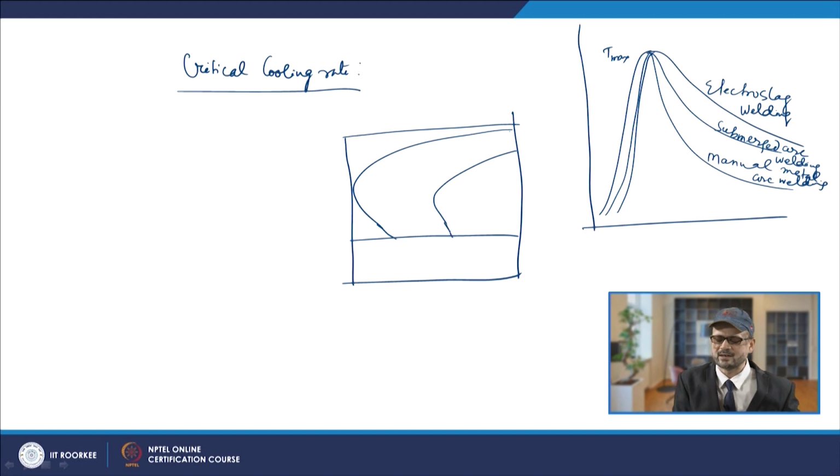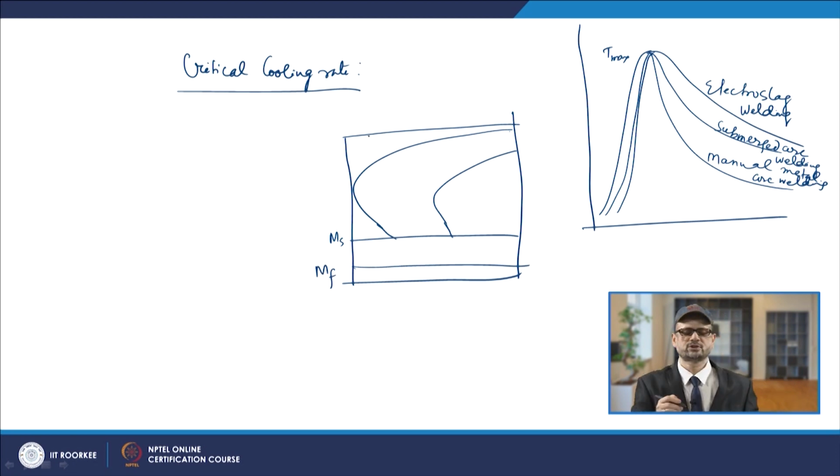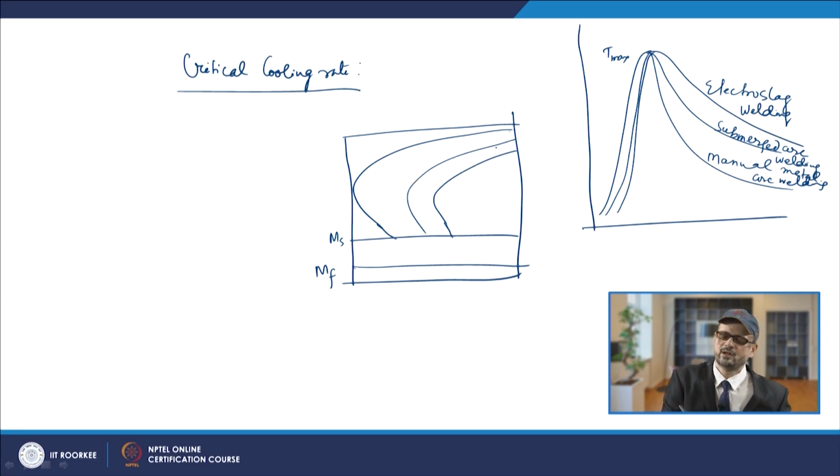So what happens is, if your cooling rate is steep, then below that you will have the MS and MF. But if it goes in between the transformation lines, you will have different percentages of transformation.